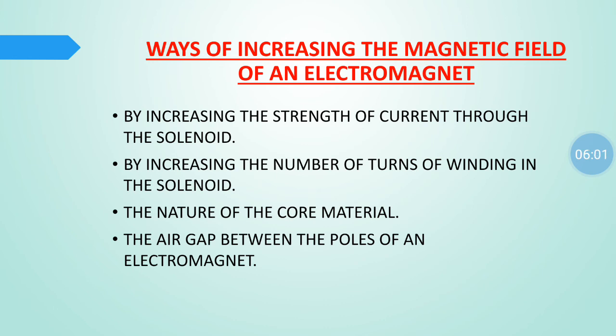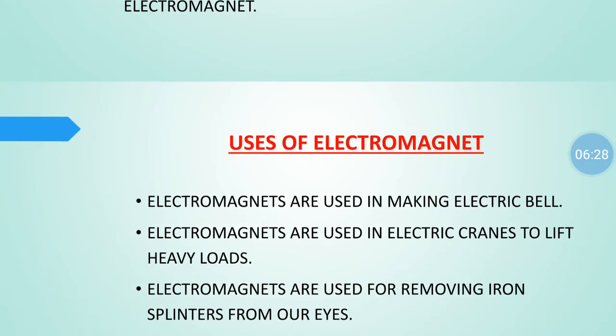Third, it can be increased by keeping the air gap between the poles of an electromagnet small. And fourth, by placing the soft iron core material inside the solenoid. That is, it also depends on the nature of the core material.